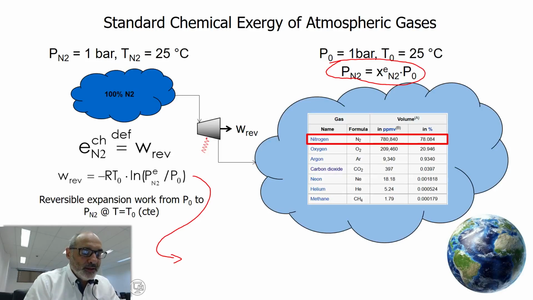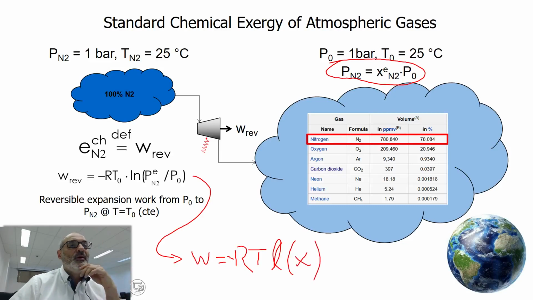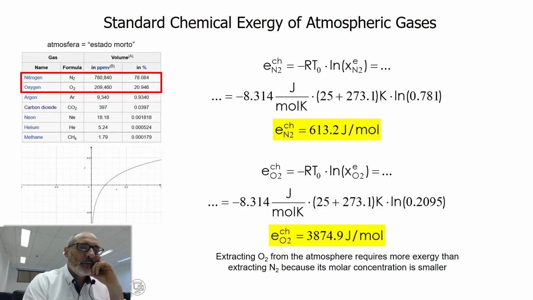So this work may be minus RT0 times Ln of its molar concentration, because of this relation here. So that's what I'm using here.